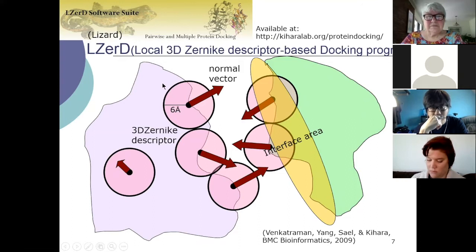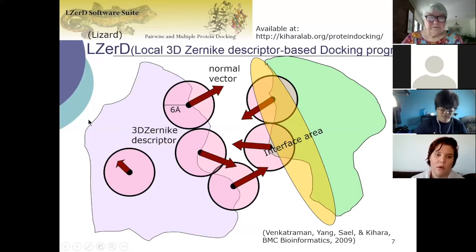Given two protein structures, one on the left side in purple and another in green, we generate the surface representation of the two structures and then spread representative points on the surface, shown here as black. Here I'm only showing a few points, but usually a protein has over a hundred points spread almost equally on the surface.